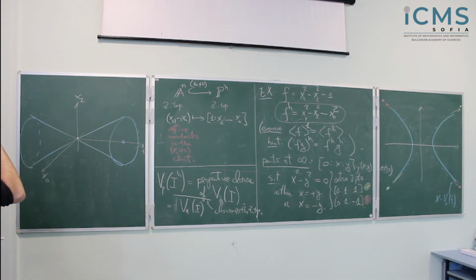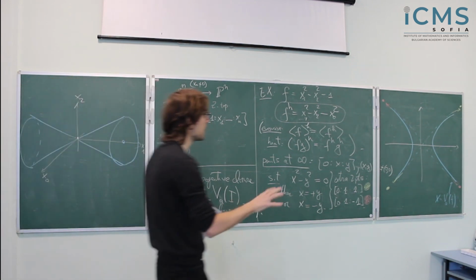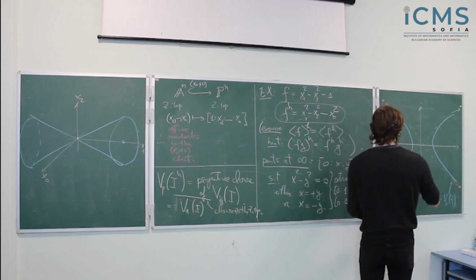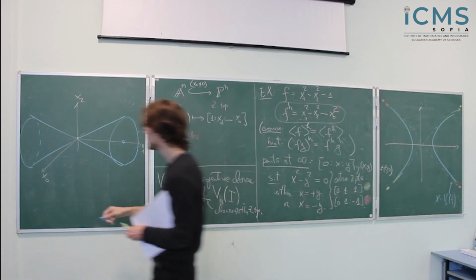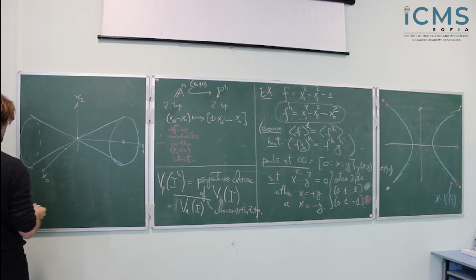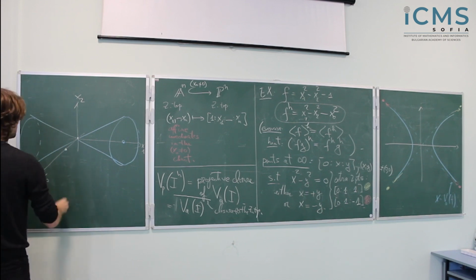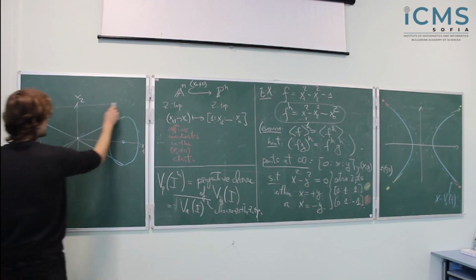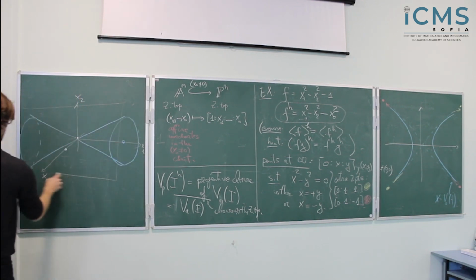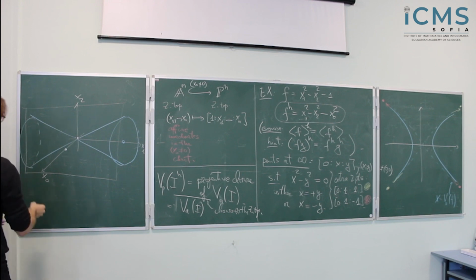And if we consider the affine piece, so this blue section here is only the affine piece corresponding to x1 equal to 1. Unfortunately, I'll have to draw something a little bit strange. But imagine that there's a plane here, like this, maybe. It's not really that great.